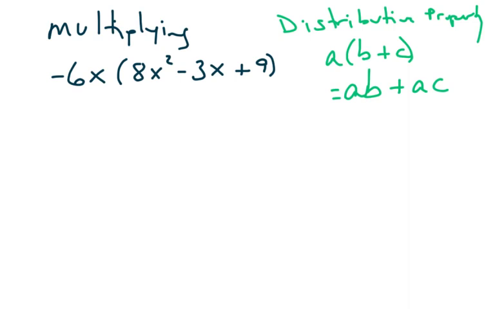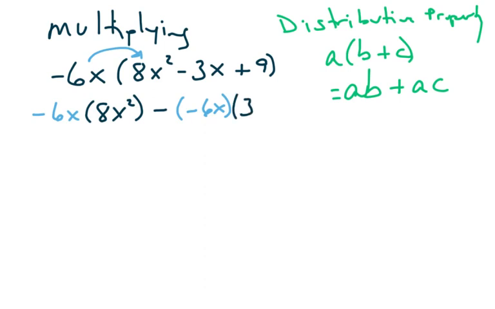So if I was showing all of the steps here, it's going to be -6x times 8x squared minus -6x times 3x plus -6x times 9.